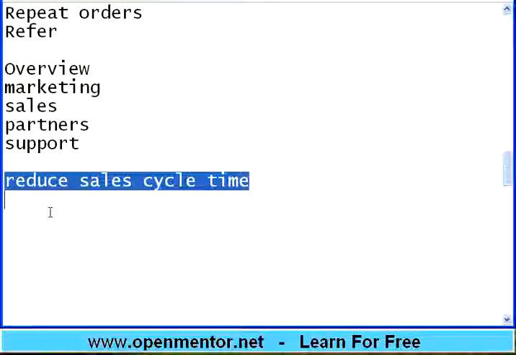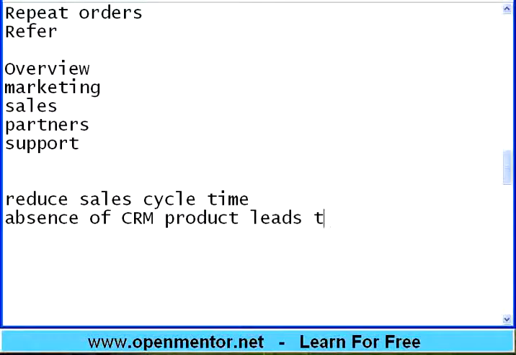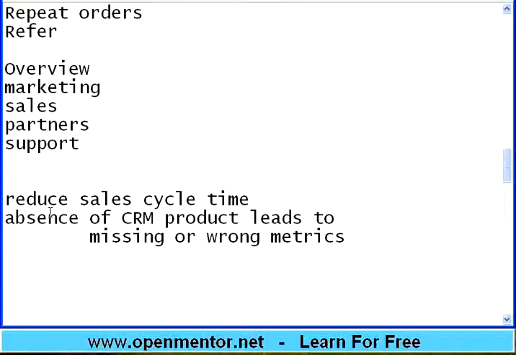If you don't have a good CRM product and you use only spreadsheets and email, it looks easy to send or receive data, but you will miss key metrics. Absence of a CRM product leads to missing or wrong metrics. When you are operating on wrong or missing sales metrics, it's very difficult to improve from that point. So our advice is to have a proper CRM product to ensure sales, because sales is the one thing that brings revenue to the company, right?